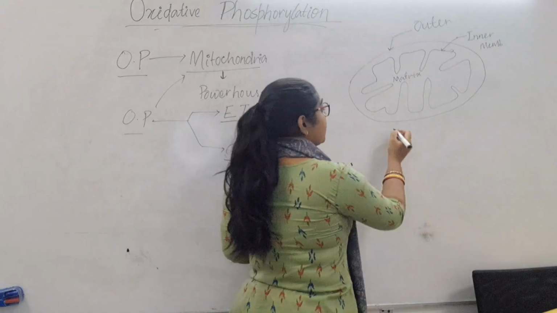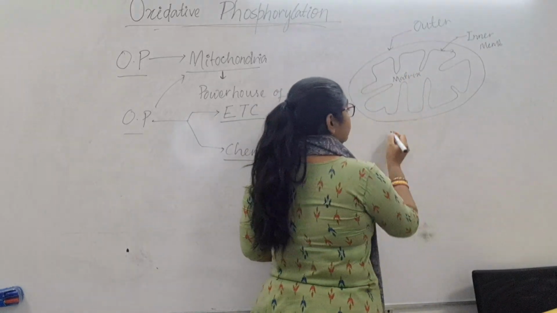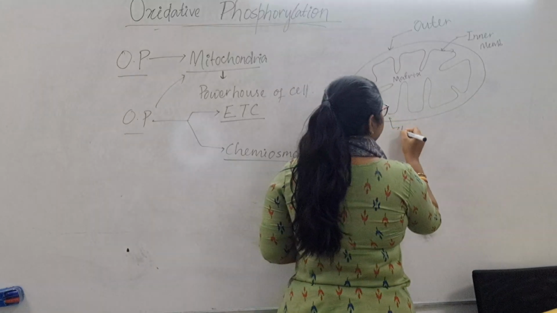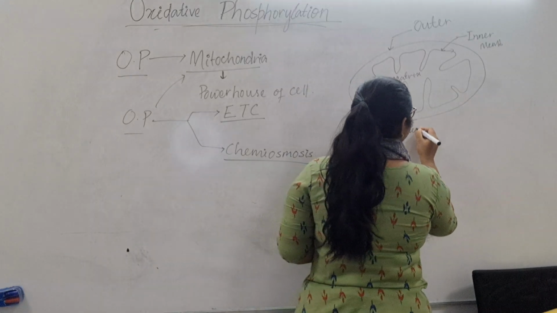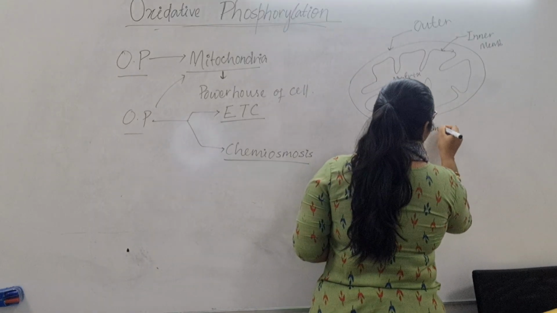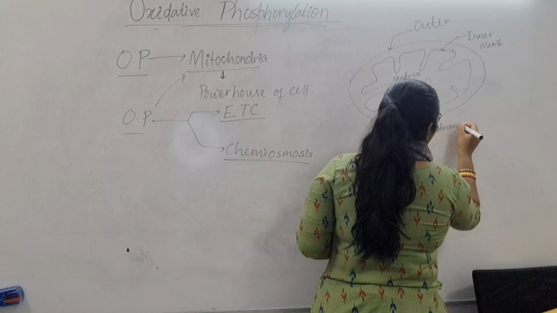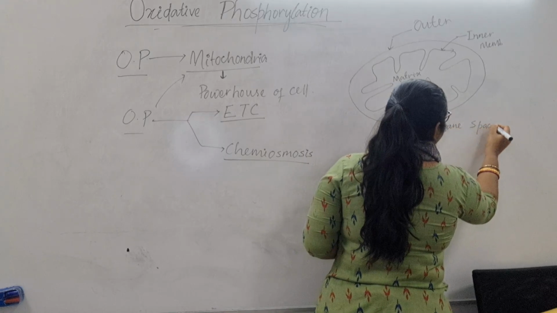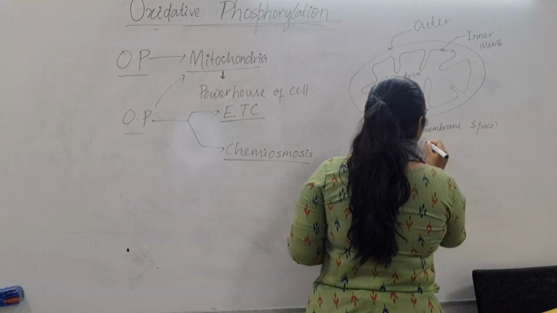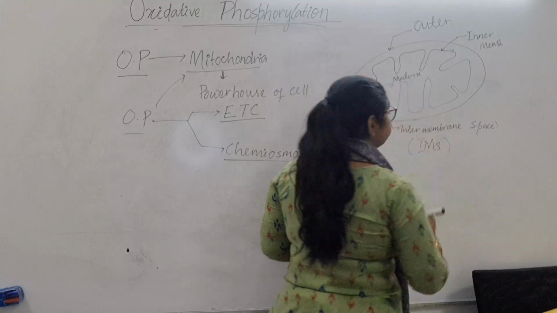The space between the outer membrane and inner membrane is known as the intermembrane space, which we will denote as IMS.